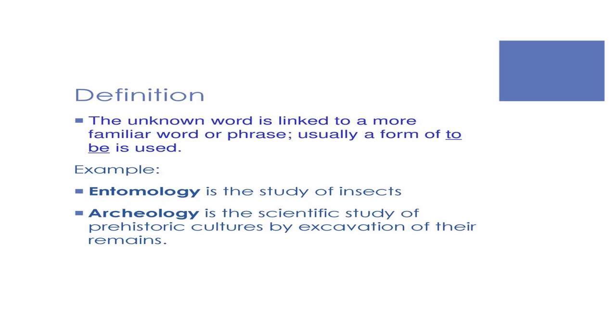And also archaeology, which is the scientific study of prehistoric cultures by digging deep into the remains. Like to dig deep for and look for old buildings or objects that have been buried for a long time. So the definitions here will give you the meaning of the word.